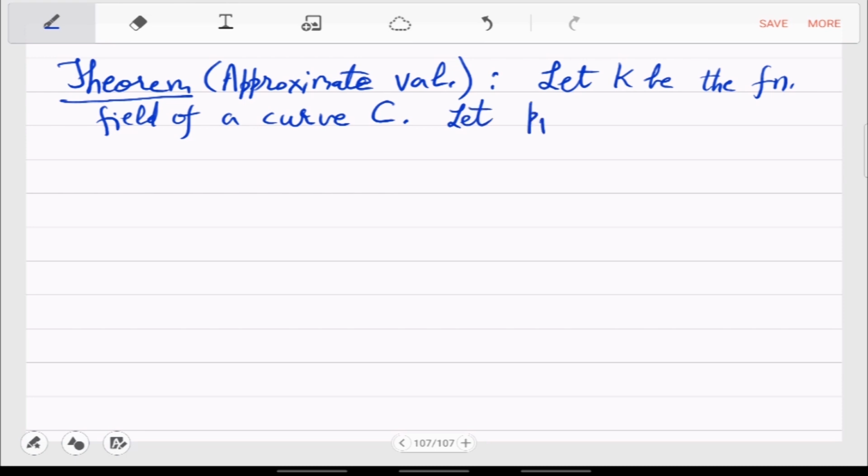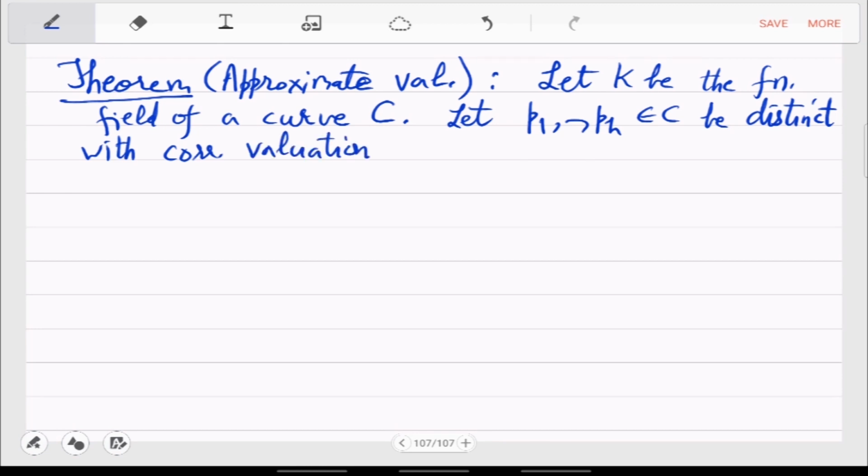Let P1 to Ph be the points that you care about, with the corresponding valuations v1 to vh.